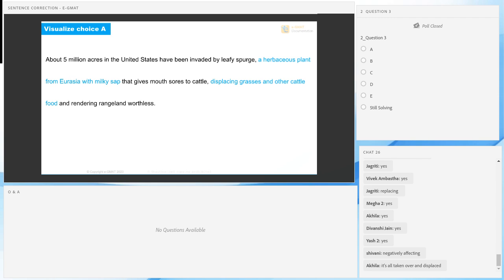No, it has actually displaced the grasses and other cattle food and rendered rangeland worthless. Absolutely, Akila, it has taken over and displaced, rendering rangeland worthless. Now this is the part which is the result. Absolutely, Akila, it's a result of the action. What is the action?